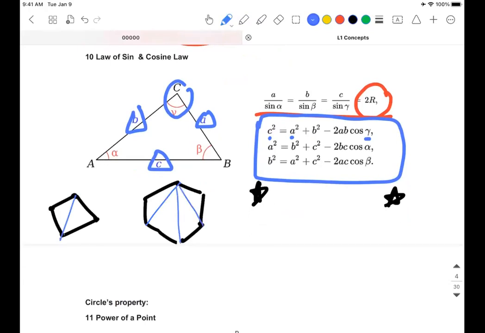So that being said, as long as you're dealing with some complicated shapes, always cut them into triangles. Triangle is the prototype, the foundation for this entire 2D geometry. Any kind of polygon, complicated stuff, always convert it into a triangle problem, that's going to help you solve the problem very quickly.